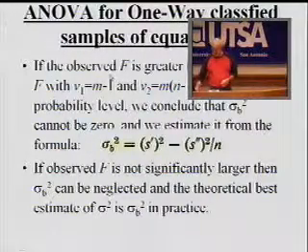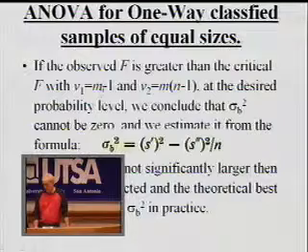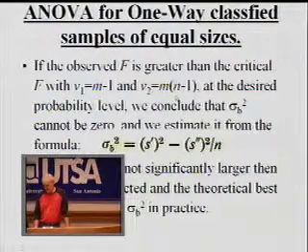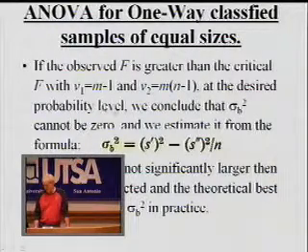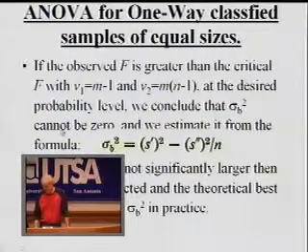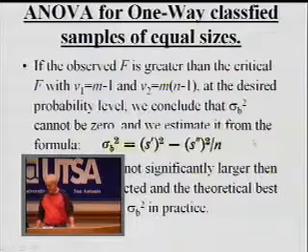If the observed F is greater than the critical F with degrees of freedom V sub 1, M minus 1 treatment, and V sub 2, the total degrees of freedom, at the desired probability level, we conclude that the sigma squared sub B cannot be 0, and we estimate it from the formula.